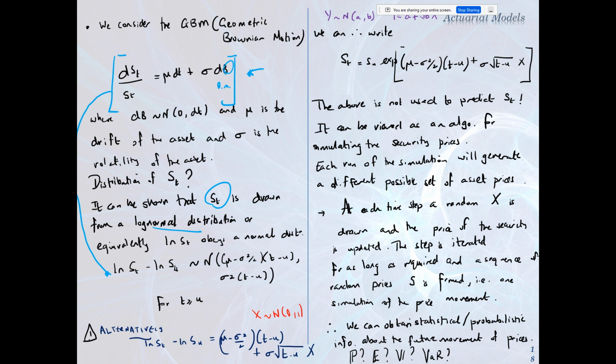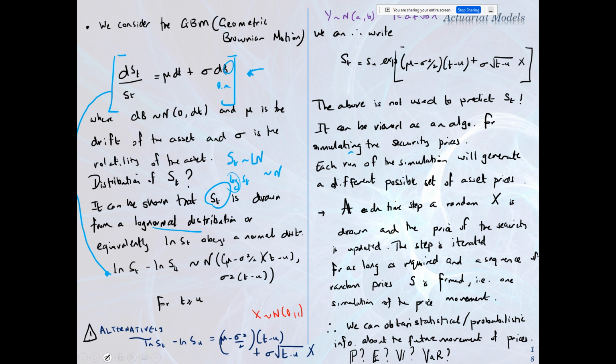We assume that the log returns follow a normal distribution, and this is what we see here. So S_t follows a log normal, and the log of S_t follows a normal distribution. When I'm speaking of log, it is the natural log, ln.